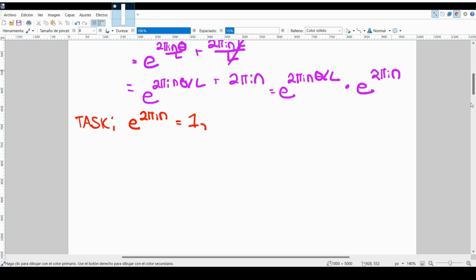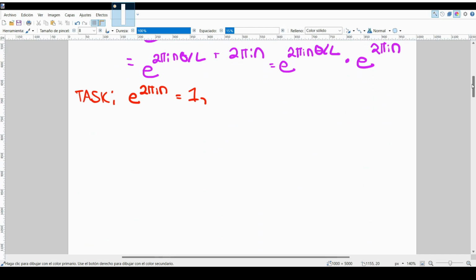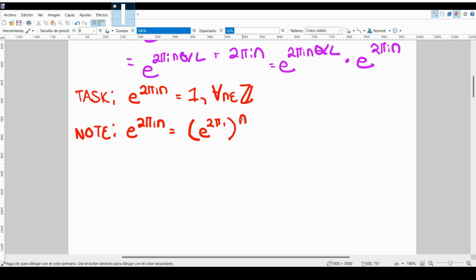And if we go back up to the question, we're verifying for any n in Z, which is the set of integers. Now, we're going to make a small note here. We can note that this value here, e to the power of 2 pi I n, is the same thing as e to the power of 2 pi I, all to the power of n.